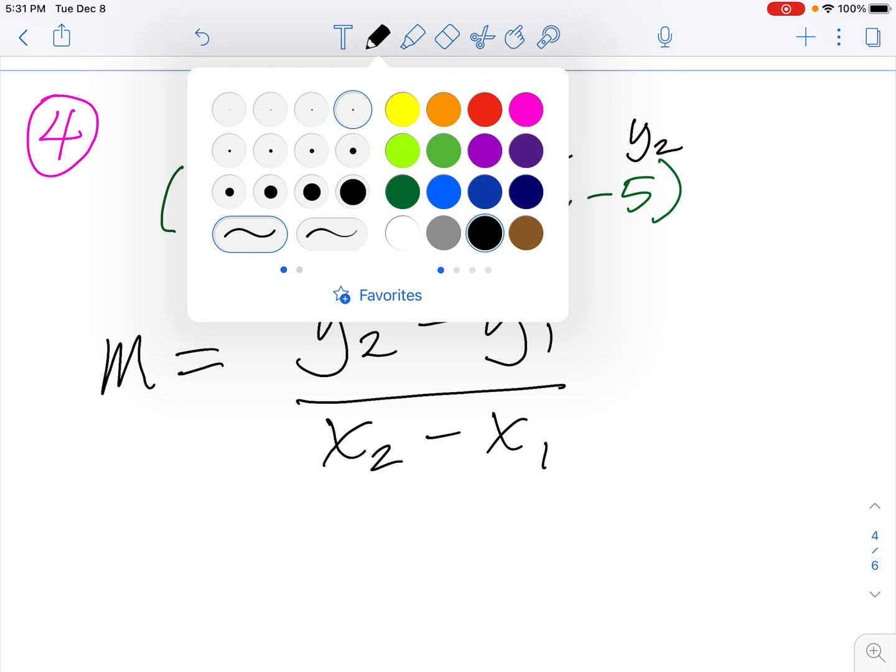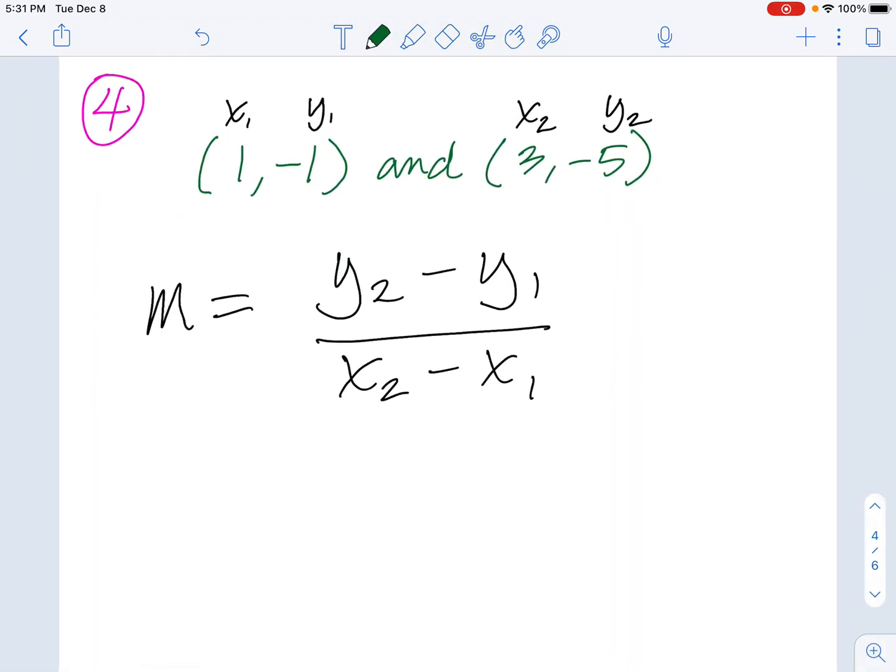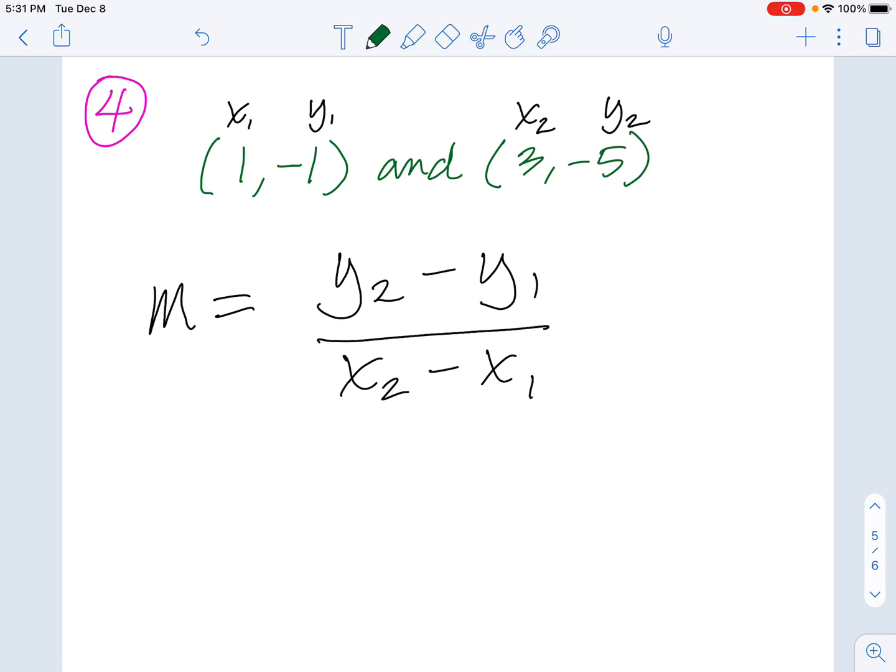The last thing that we have to do is plug the points into the slope formula. So y2 was negative 5 minus y1 is negative 1. x2 is 3 and x1 is 1.